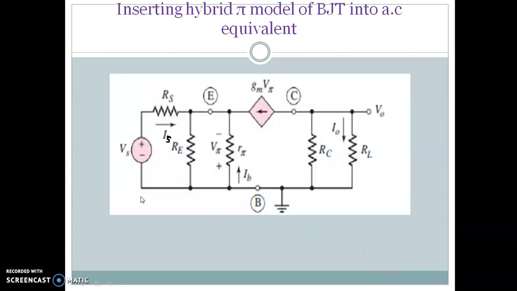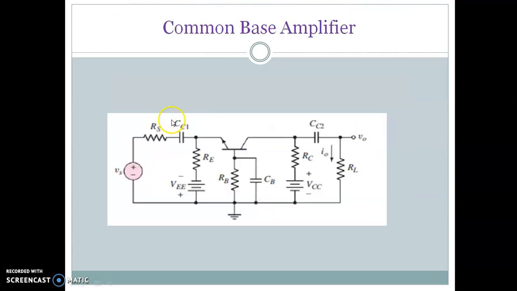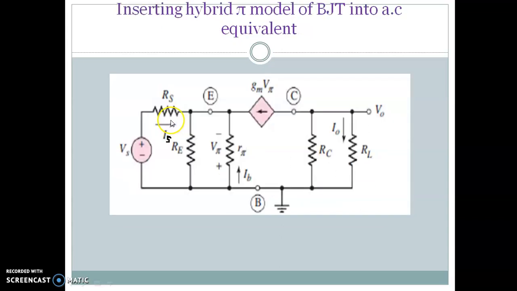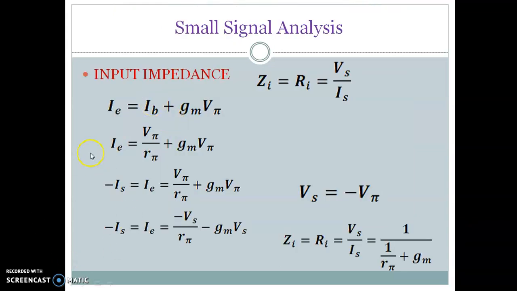You can see here, this is your emitter current, and this is your signal current. So minus IS is equal to IE, which is equal to V pi by R pi plus GM V pi. V pi is nothing but Vs, so we write it that way.